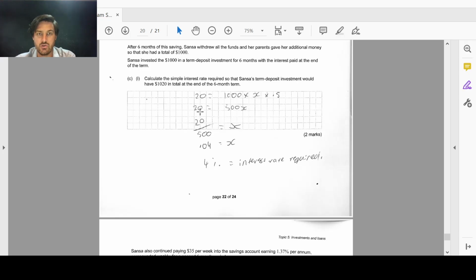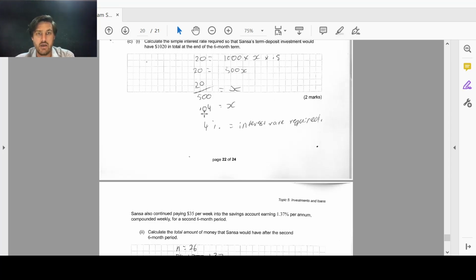We would just do 20 divided by 1,000 times 0.5, which is what I've done. I've done it a bit of a different way, but she would need 0.04 as a decimal or 4% as an interest rate.